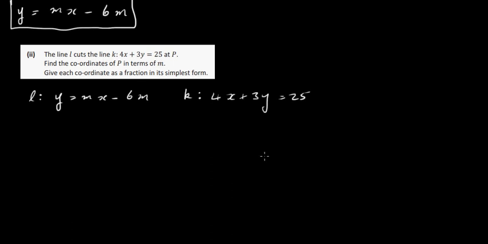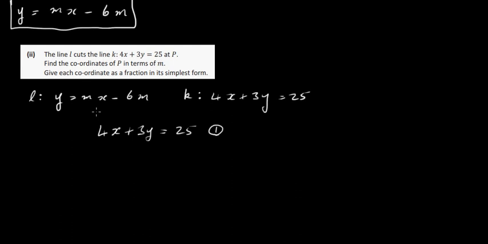Now it says give the coordinates as a fraction in its simplest form, and we've got to give the coordinates in terms of m. So let's start by writing down 4x plus 3y is equal to 25. We'll call that equation 1.